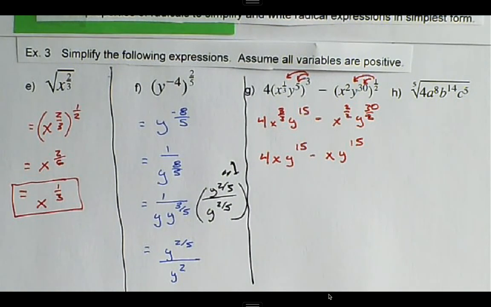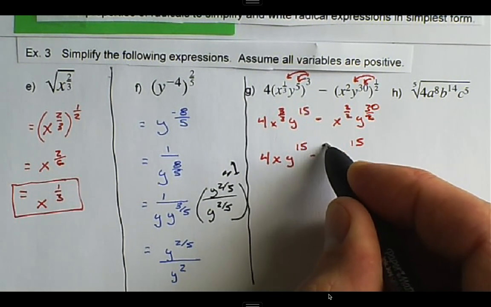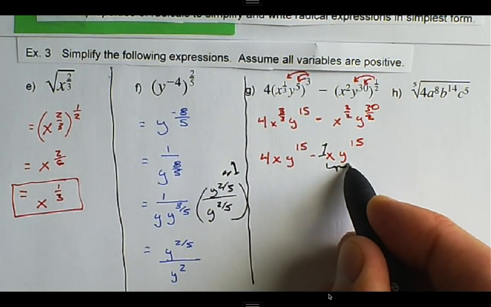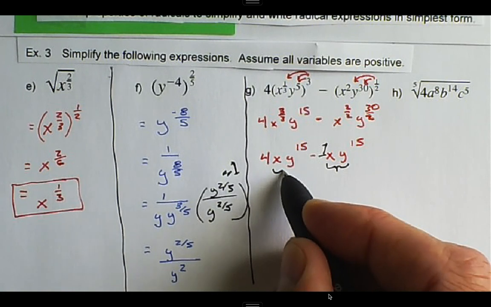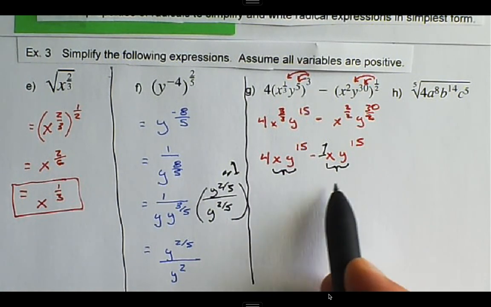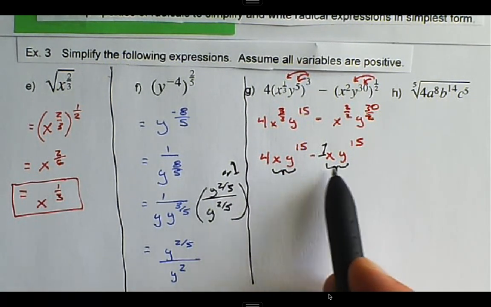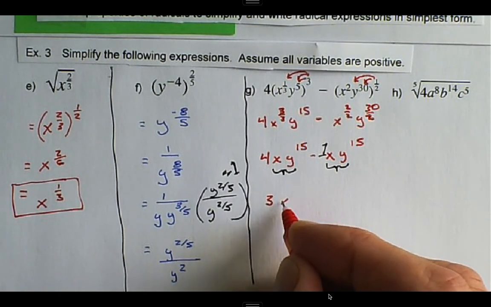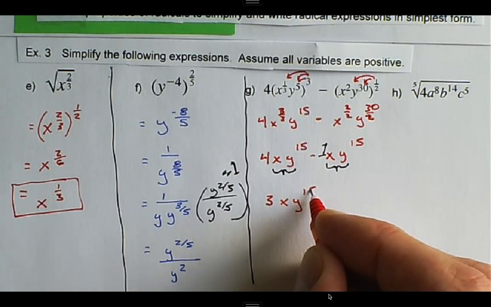Again, our coefficient out front is 1, and then we have x times y to the 15th and x times y to the 15th. Those are like terms, so now we can combine these, and what we get is 3xy to the 15th.